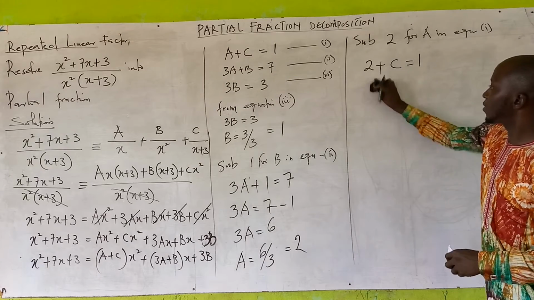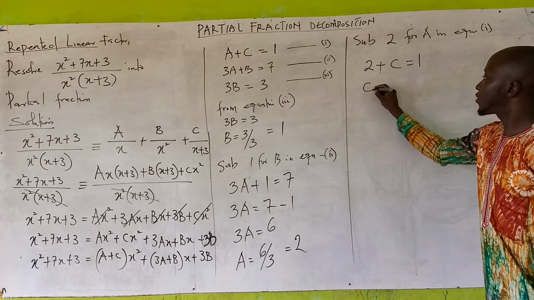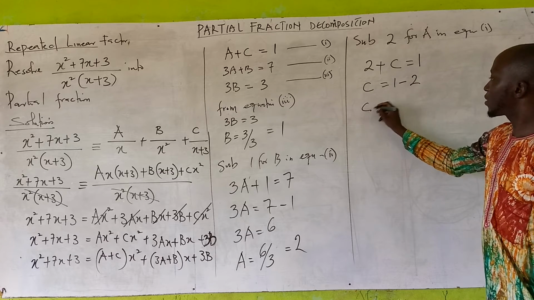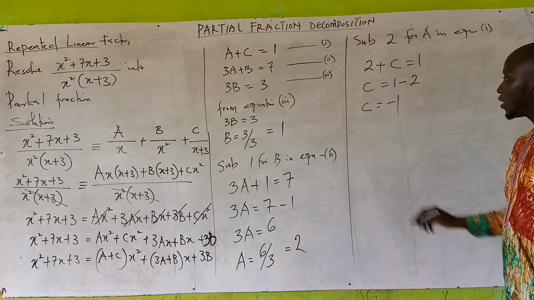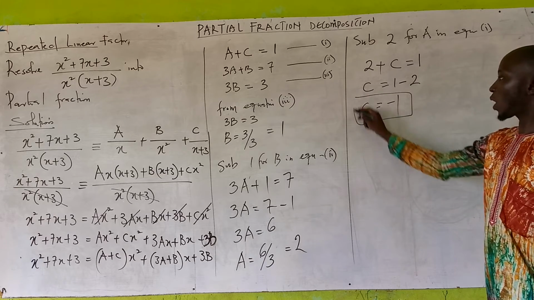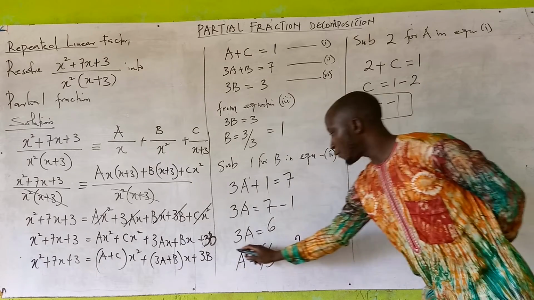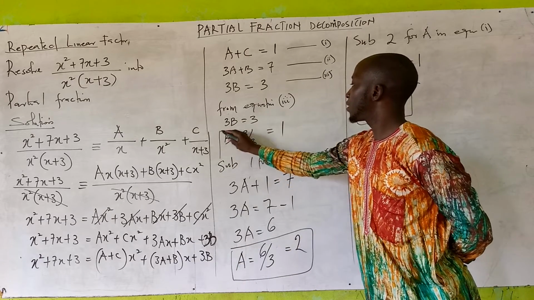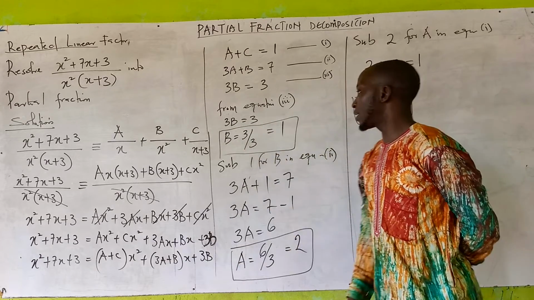Let's make c the subject: c equals 1 minus 2. Therefore c equals minus 1. So the value of c is minus 1, the value of a is plus 2, and the value of b is plus 1.